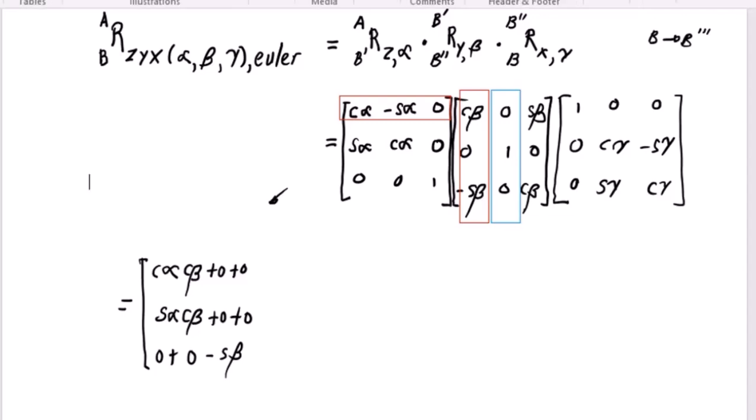So in the second column, it will be 0 minus sine alpha plus 0, 0 plus cosine alpha plus 0, and this is 0. Vertical to horizontal, this is 0. So we are done with the second column. Now we go to the third.